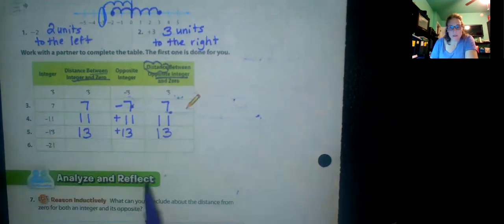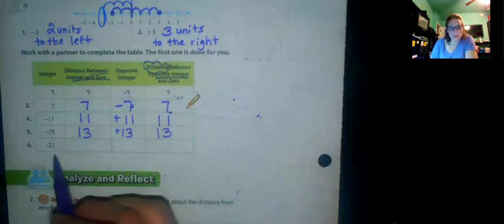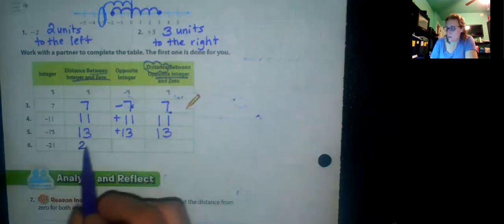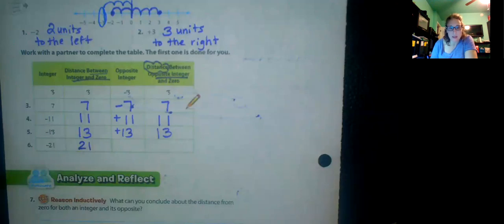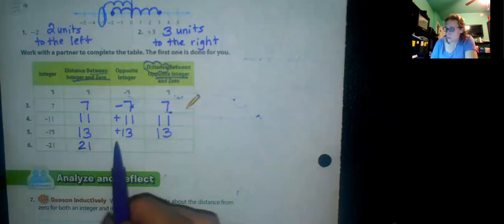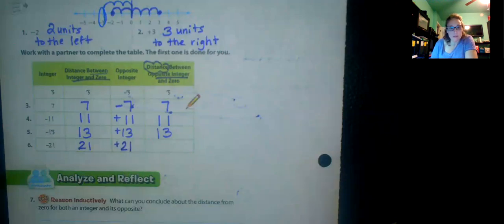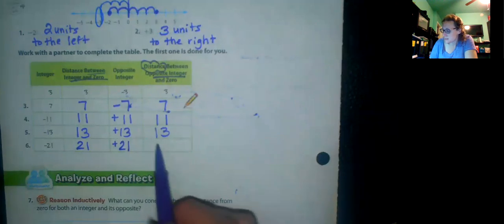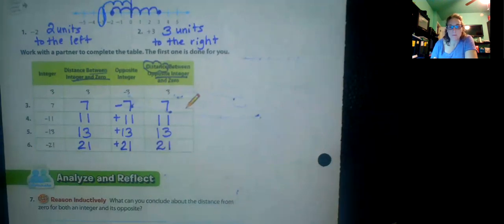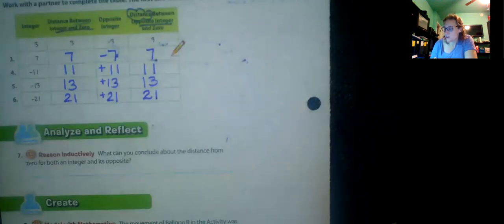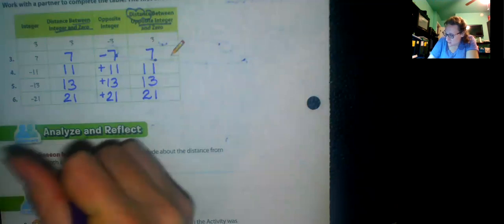The integer is -21. So the distance between 0 and -21 is 21 units to the left. The opposite of -21 is +21. And the distance from +21 to 0 is still 21. Okay? So question 7 says, what can you conclude about the distance from 0 for both an integer and its opposite?